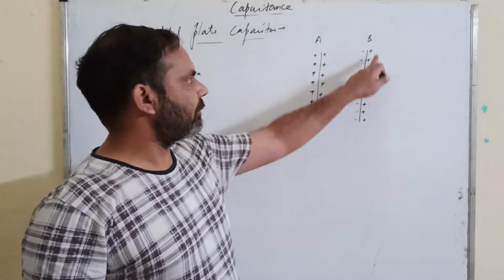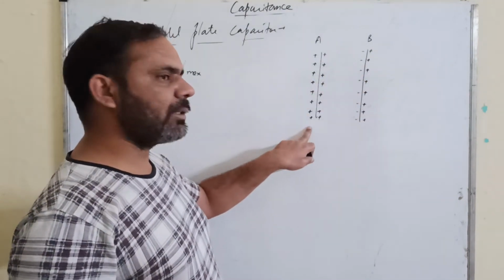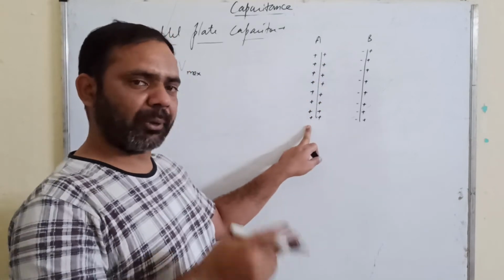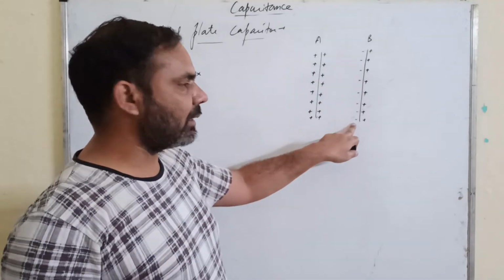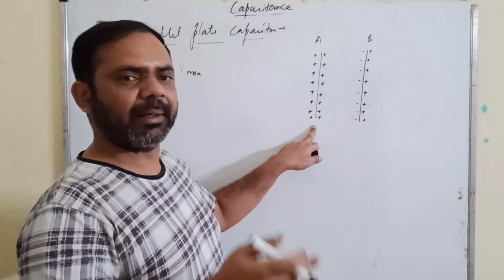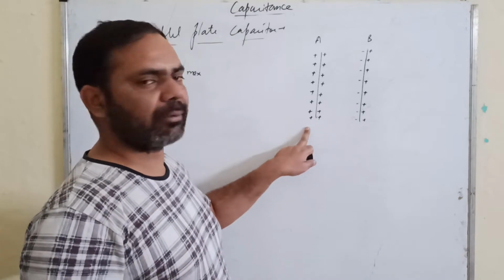Now these positive charges increase the positivity of this plate, and hence they increase its potential. Whereas these negative charges decrease the positivity of this plate, and hence they decrease its potential.